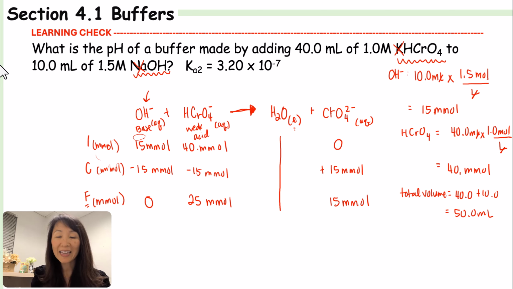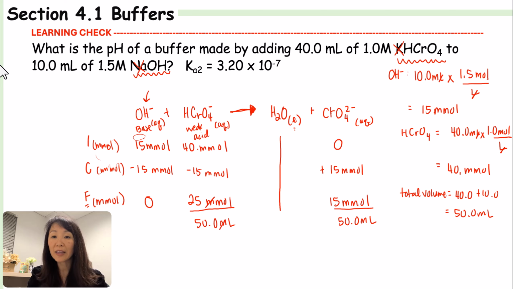Now I can take the millimoles and divide by 50.0 milliliters for both of the concentrations. We're trying to find the concentration. And then we're going to cancel out the M's, right? Cancel out the M and find out the molarity. So the molarity, if you were to punch this in, 25 over 50 would be 0.5. And keep it at the correct sig figs, 0.50 molarity.